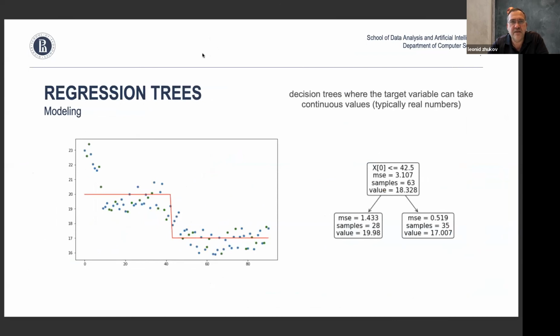For each point, we calculate the distance from the point to the line, and do the sum of the squares, and square root from that. So it's exactly the same metric as everywhere else.